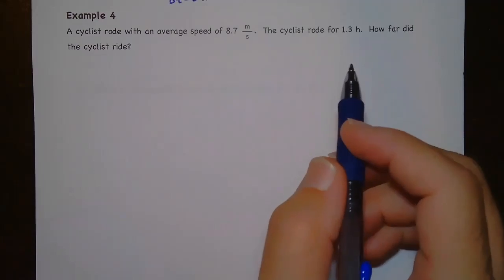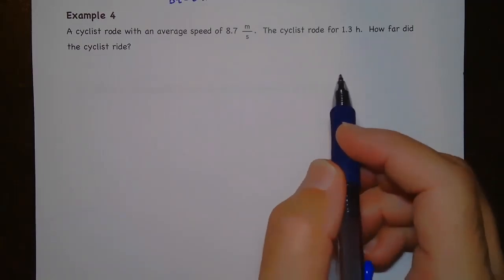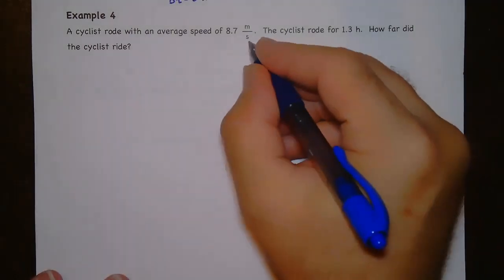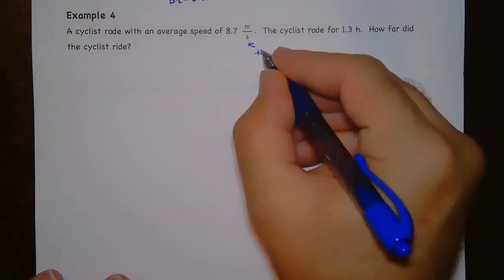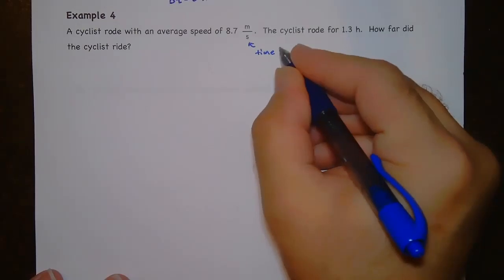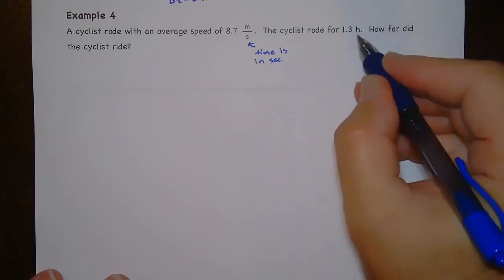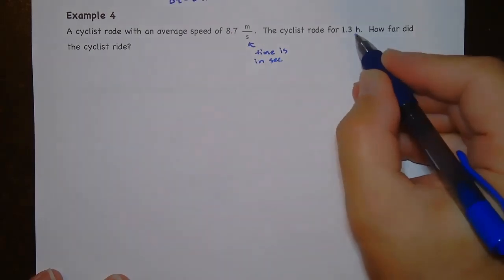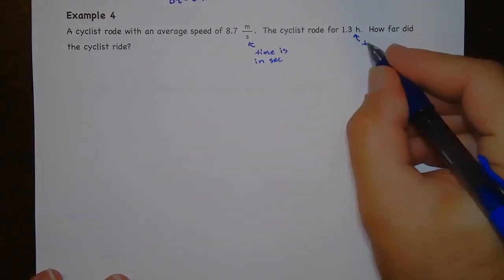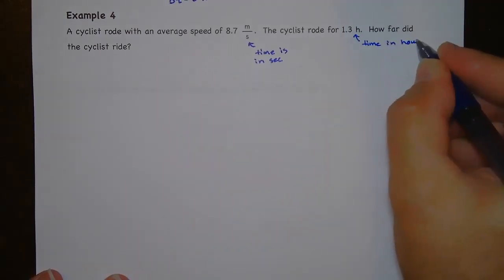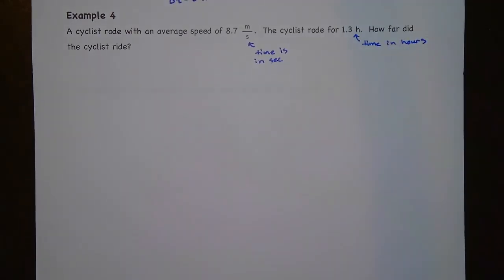Okay, there's a big, huge problem that we all have to recognize when we do these problems. This time unit is in seconds. And this time unit is in hours. Okay, to do any kind of mathematics on this, the units have to match.